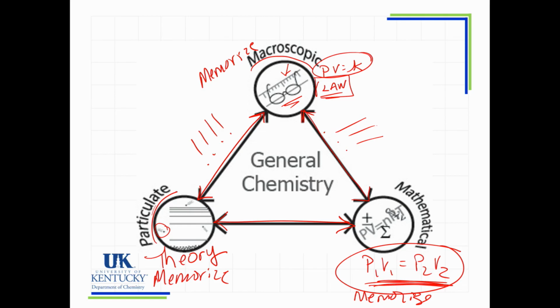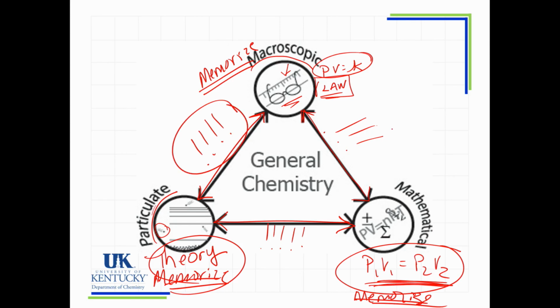So why does the pressure, when the pressure goes up, the volume go down? Well, we could explain it using the theory. So all of these connections is what I want you to be able to make. I don't want you to memorize, memorize, memorize, and not make connections.